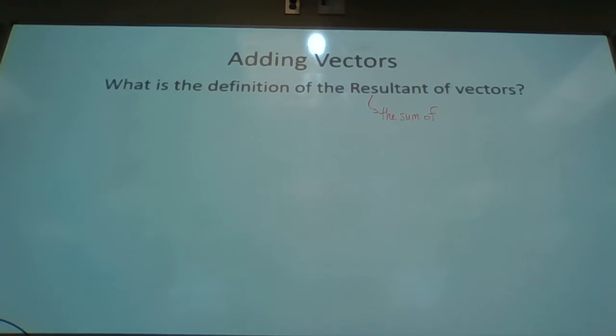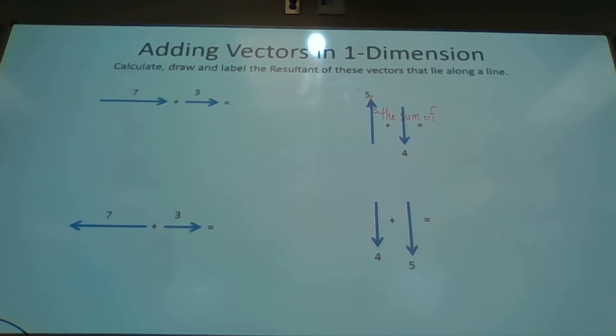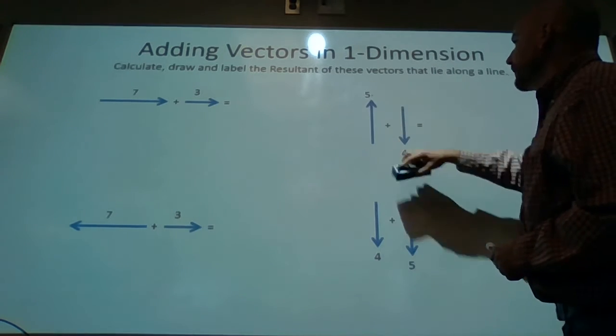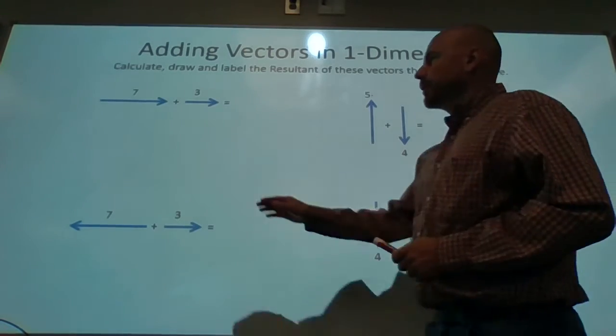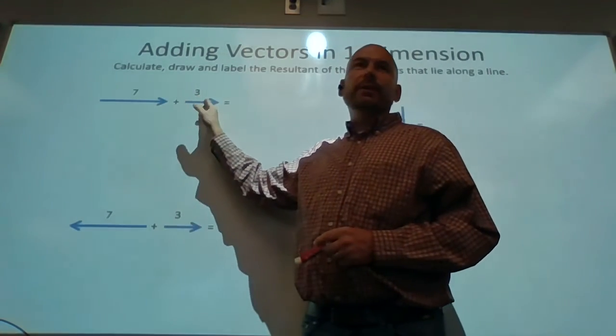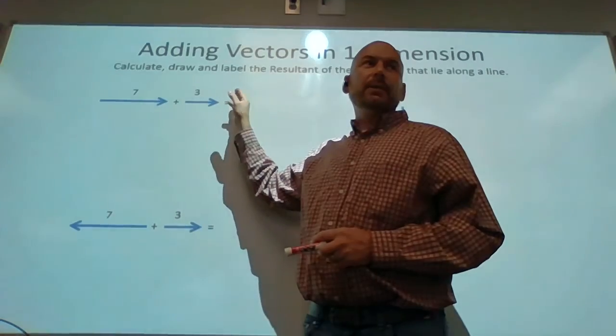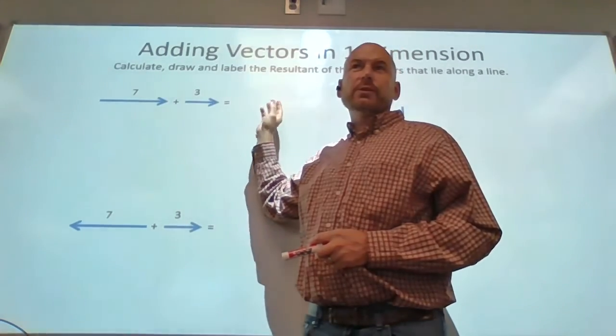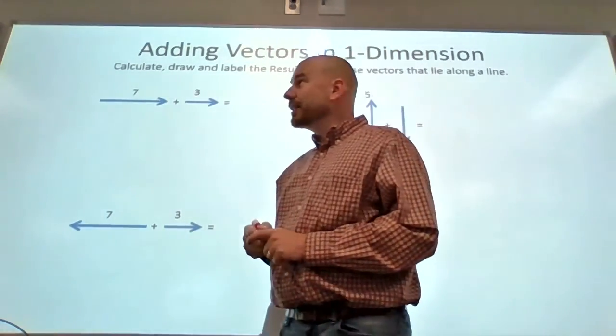Okay. To add vectors in one dimension, it's pretty nice. So if you have 7 to the right plus 3 to the right, the resultant of those 2 vectors is 10 to the right.